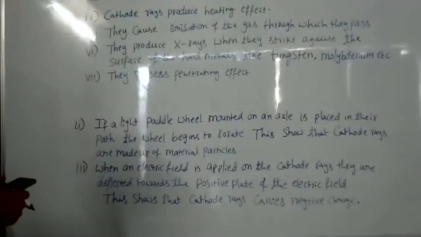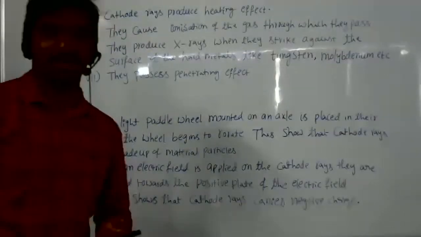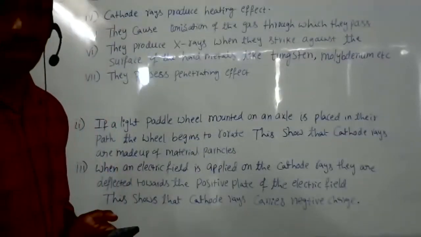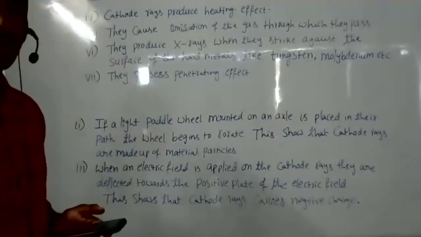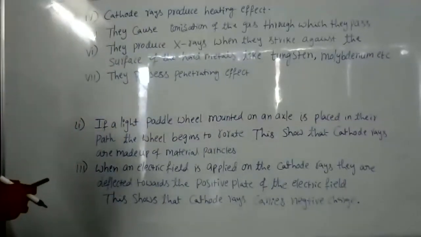Sir, what is molybdenum used for? That is one kind of metal, a very hard metal. These are stronger than iron and copper. Okay. Thank you.